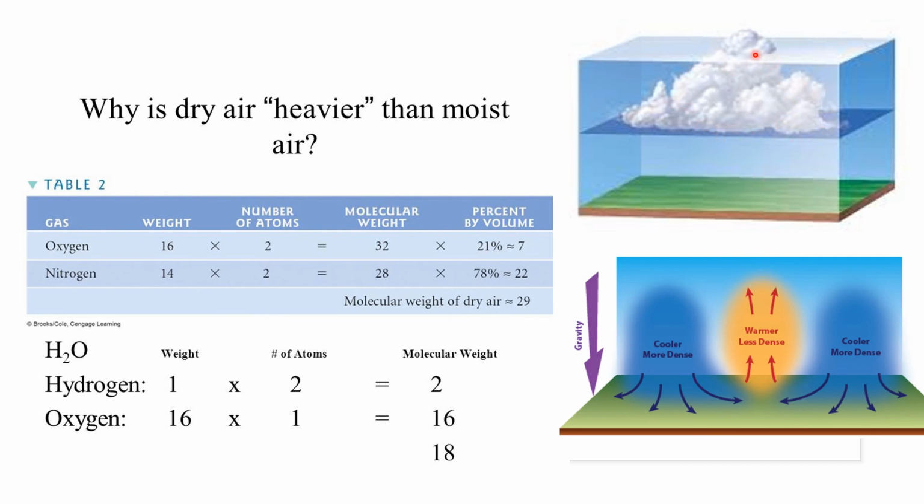Condensation happens, and then it becomes cool due to releasing heat into space. Then this colder, more dense, less humid air comes back to the earth. This cycle is happening: evaporation. So we now know that dry air is heavier than moist air.